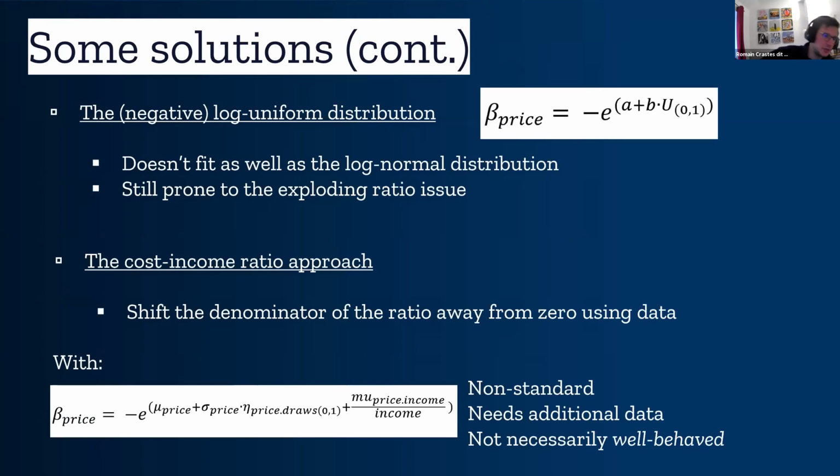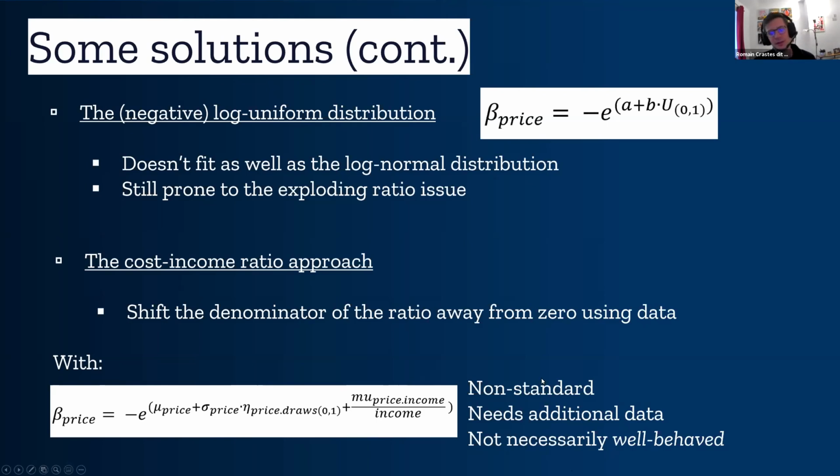And then there is an approach which isn't popular at all, but which I quite like myself, which is the cost-income ratio approach, where one uses a negative log normal distribution for the price, but shifts the denominator of the ratio away from zero using data. So where someone adds an interaction variable, which is the price of the good divided by income.